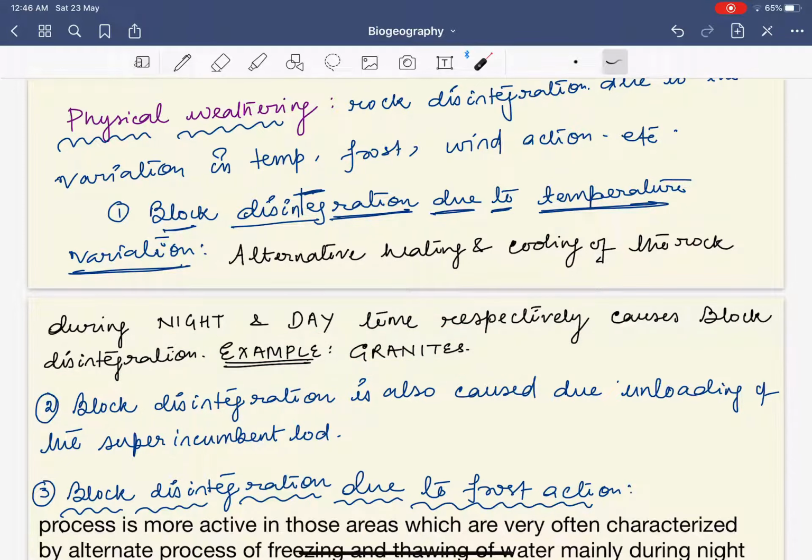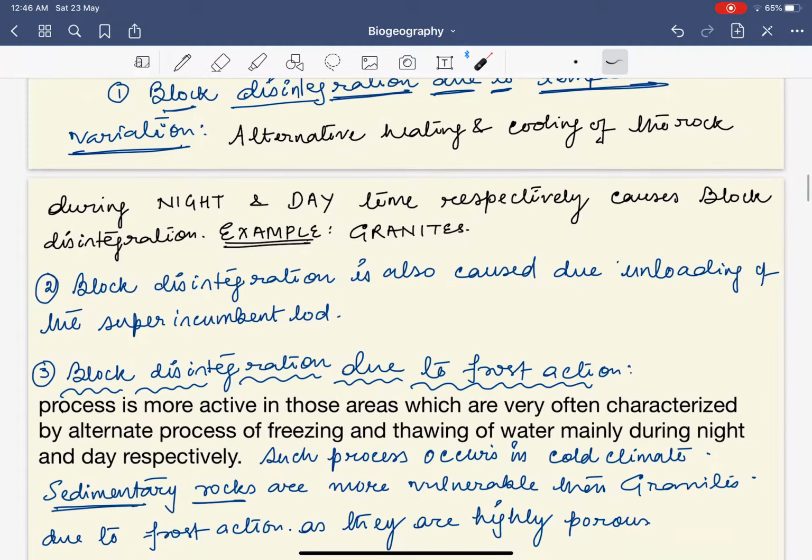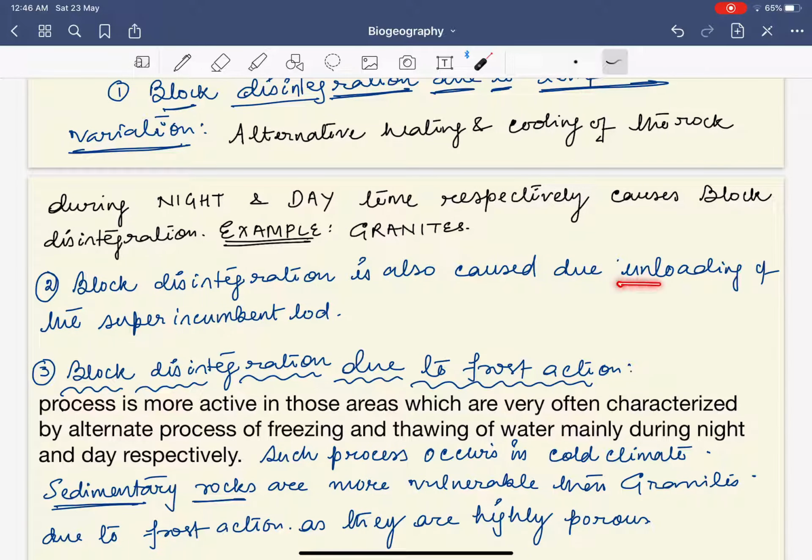Next, block disintegration is also caused due to unloading of the superincumbent load. Sorry, it's the superincumbent load. Let me just rectify the spelling over here. Now, what is the superincumbent load? See, suppose this is your structure, right?